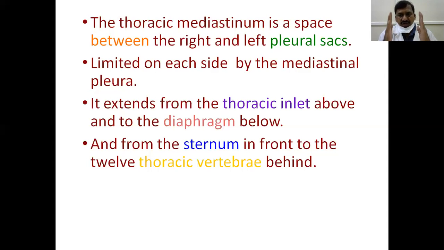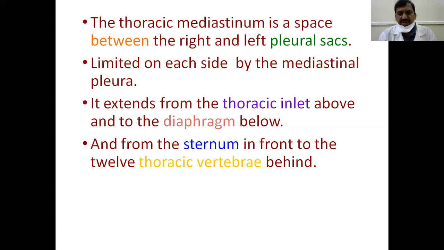The mediastinal pleura limits the two sides of the mediastinum, and it extends from the thoracic inlet above to the diaphragm below. Above there is the thoracic inlet and below there is the diaphragm. From the thoracic inlet up to the diaphragm, there is an extension of the mediastinum of the thorax.